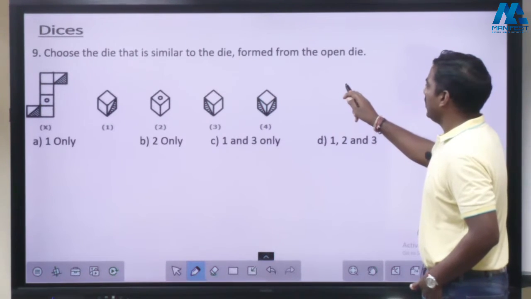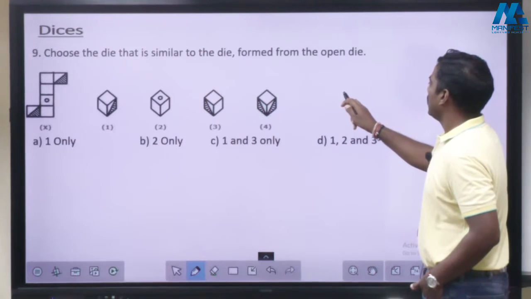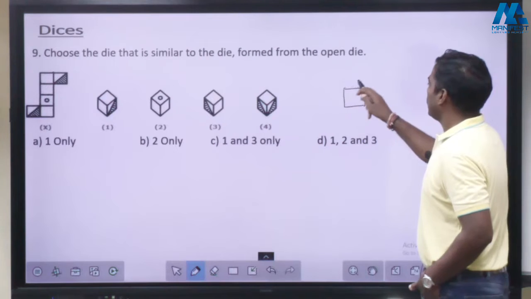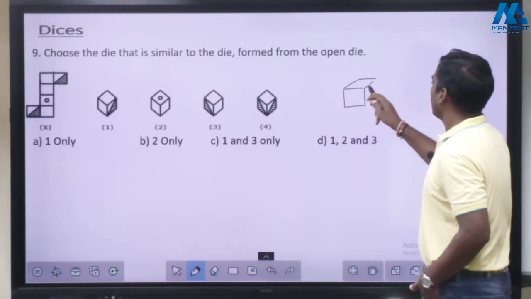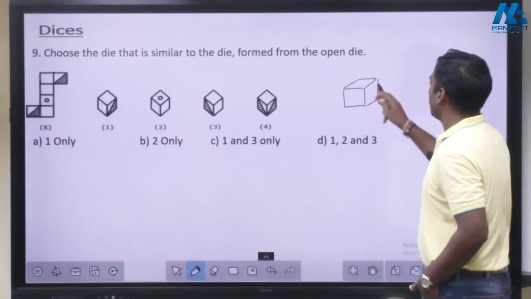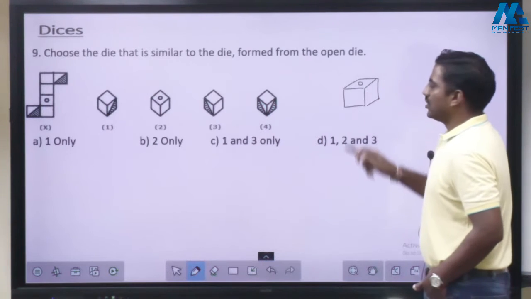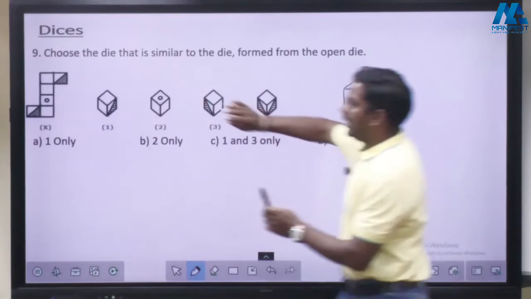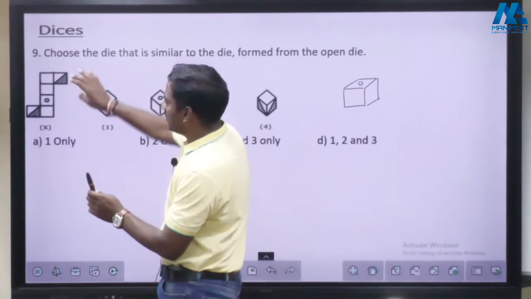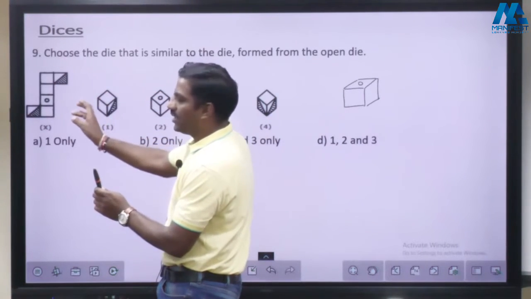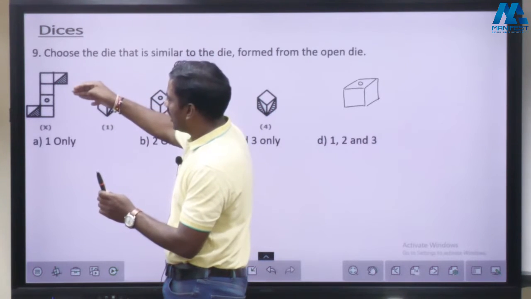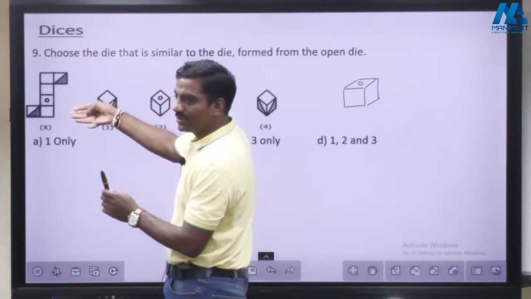Considering this blank, this dot is on the top, this blank is there, and when you fold like this, it will come and go like this.